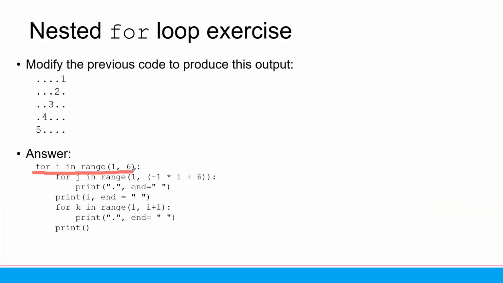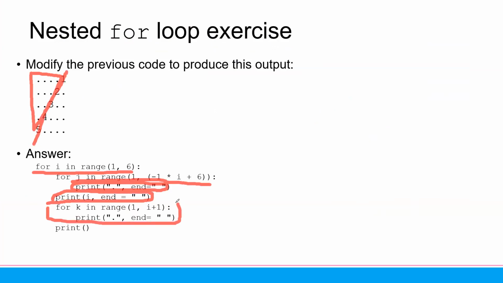We have I in the range of 1 until 6. So we will print from 1 until -1 multiplied by I plus 6. So here is the first part. And then we will print the I. It means I will print the numbers. And after I print the numbers, I will print the later one, which is the dot.